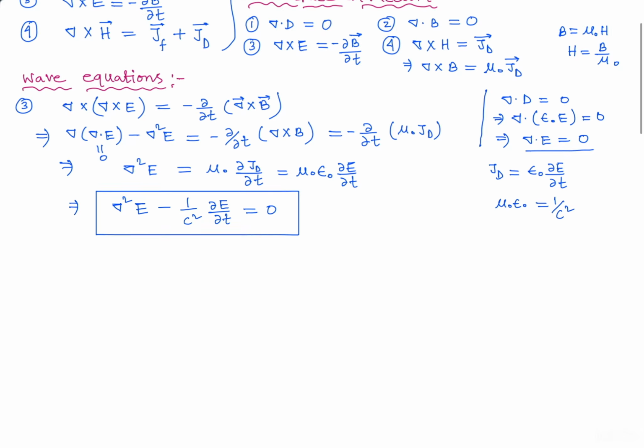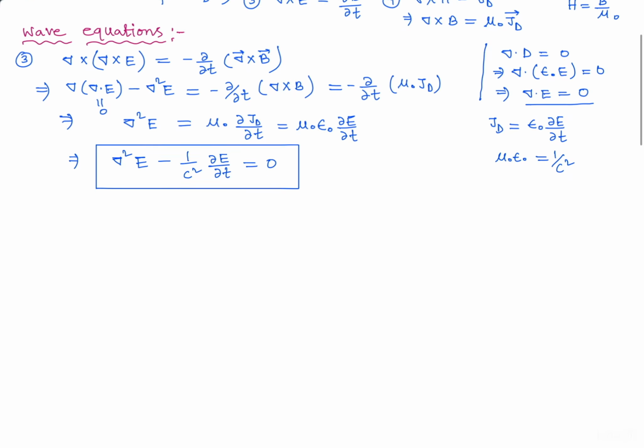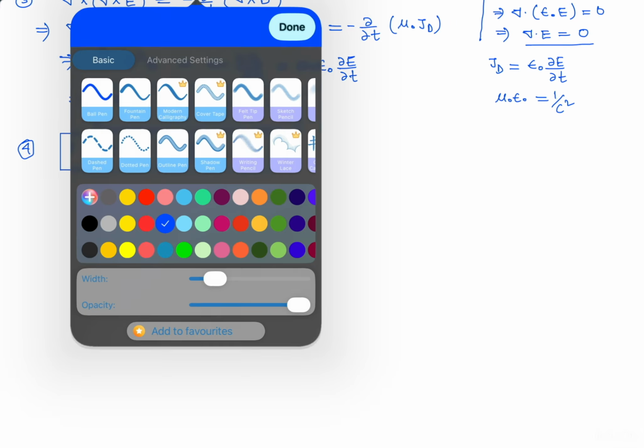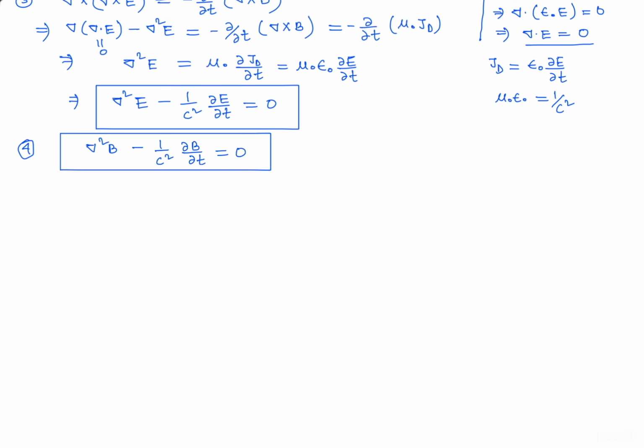Similarly, if we take curl of the fourth Maxwell equation and derive, then we also get grad square B minus 1 by c square del square B by del t square equal to 0. So these two equations are the wave equations. Now we find the solution of these two equations.